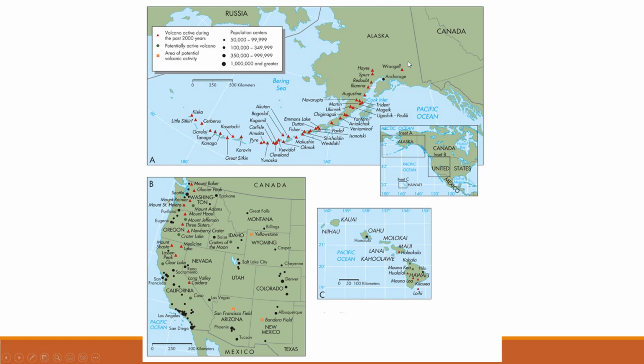Oh, Tanaga had a high alert recently, in 2023. So the Aleutian Island volcanoes are very important because they impact the Pacific Ocean aviation. So we are very concerned about those.